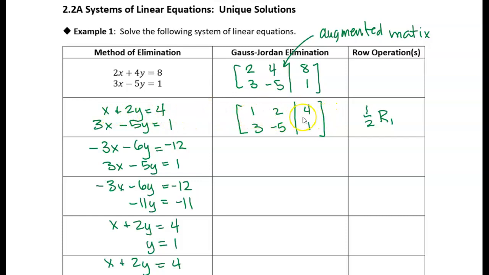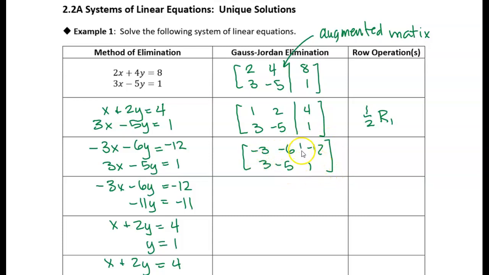So I can also multiply a row by a constant, because that's equivalent to just multiplying both sides of one of the equations by a constant. And that's a valid algebraic thing to do. All right, so the next augmented matrix corresponding to this set of equations is -3, -6, -12, 3, -5, 1.